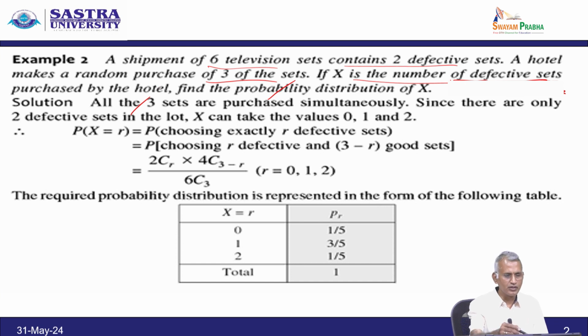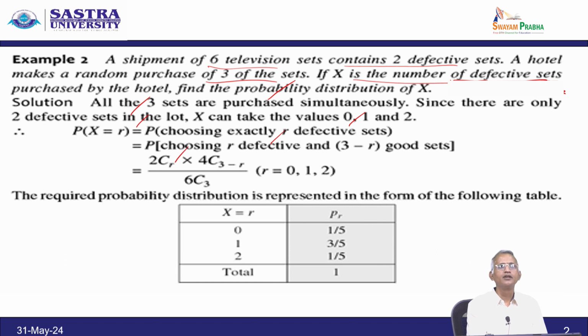So, probability of x equal to r is the probability of choosing exactly r defective sets, rather we can write choosing r defective and 3 minus r good sets. For 6 television sets with 2 defective sets, therefore 2Cr.